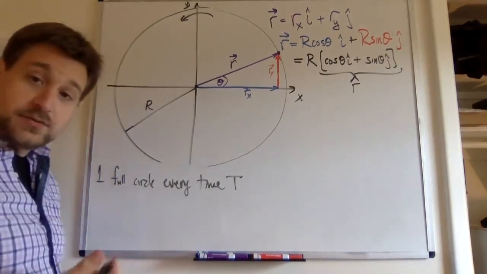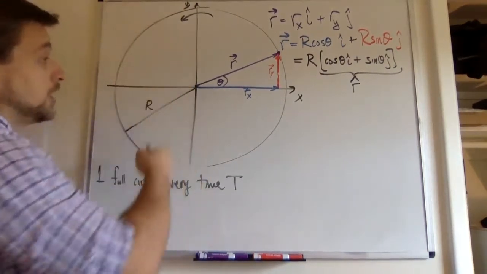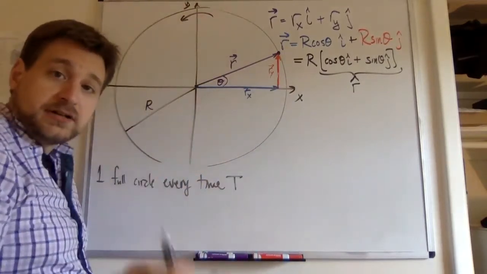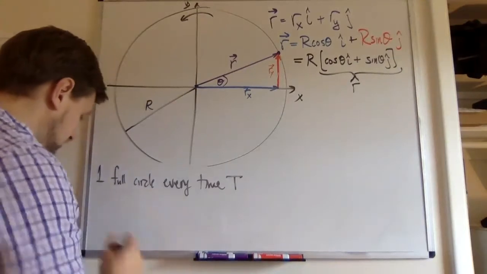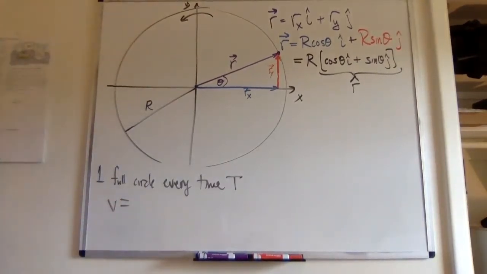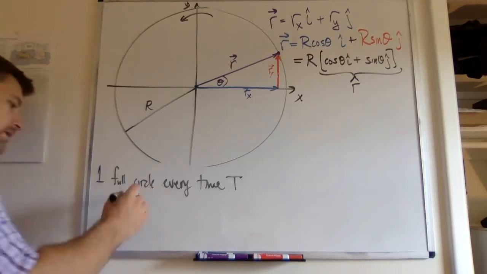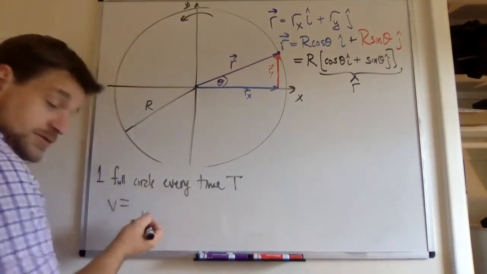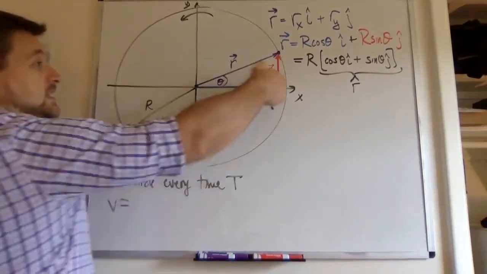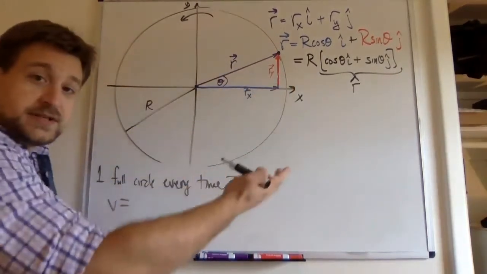Okay, so how fast are we going? If this is a car driving in this circle, what does the speedometer of the car say? Well, usually this is distance or displacement over time. Displacement doesn't do us a whole lot of good here. The displacement in a full circle is 0.